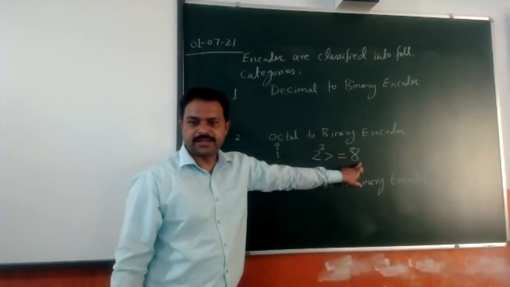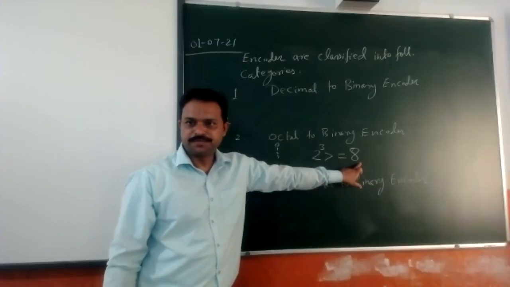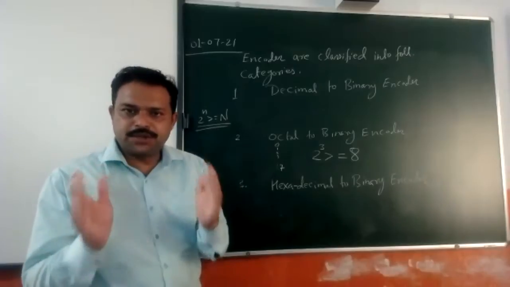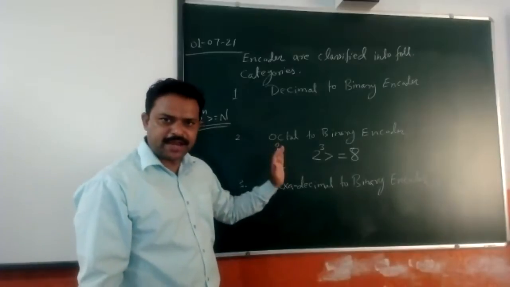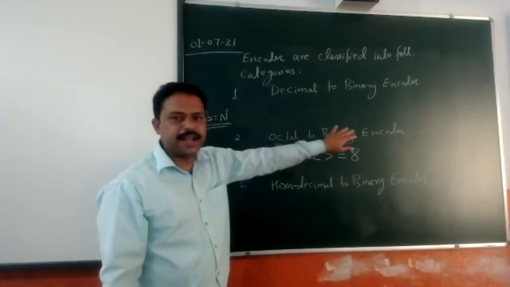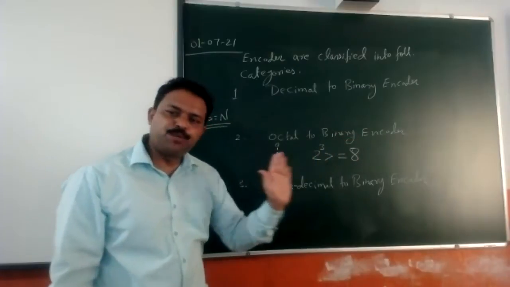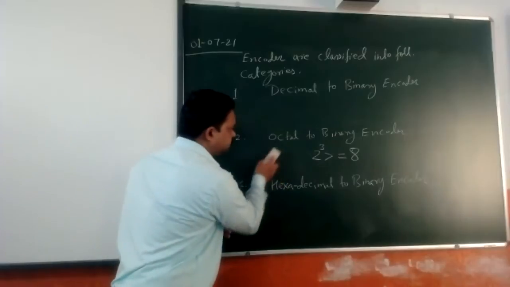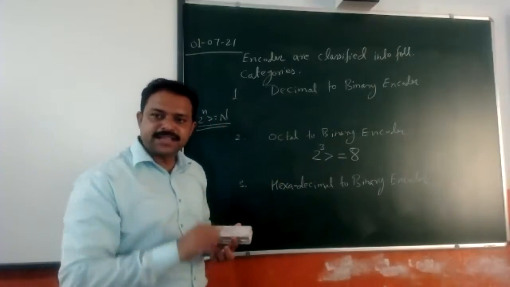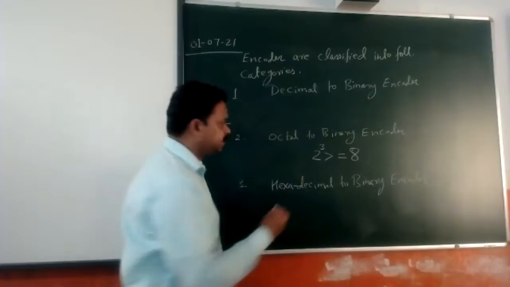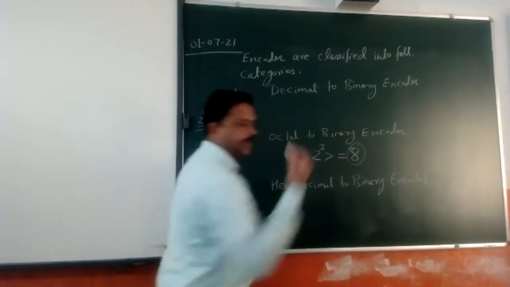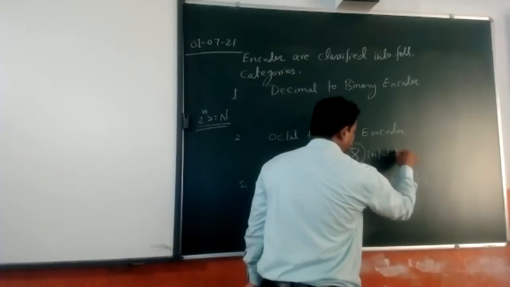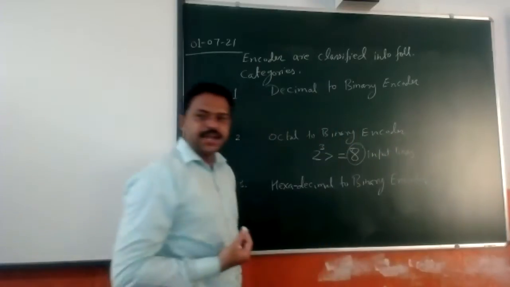Now, in an octal to binary encoder, how many input lines are there? 8 input lines.